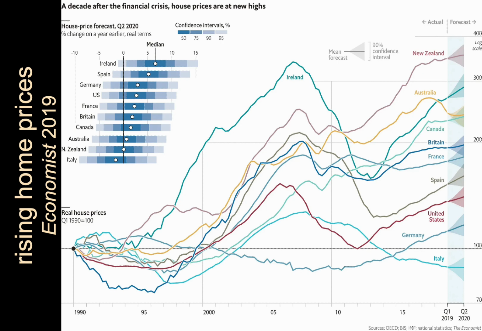So no change. It looks like when we started off, some places like this blue guy here, which looks like Britain, it was cheaper. Other places, starting off, like Italy, immediately more expensive, more expensive, more expensive.